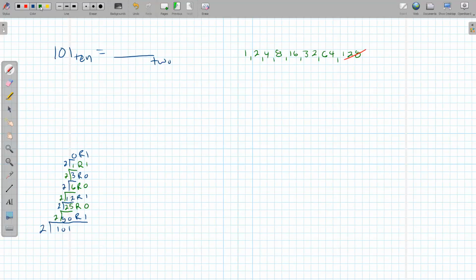I think if I did this right, it is from the top, my remainders 1, 1, 0, 0, 1, 0, 1. And I thought to do that, I listed out the places. I didn't need 128, so I need 1, 2, 3, 4, 5, 6, 7 places. So this would be 7 digits. Yep. Could be right. It has a chance.